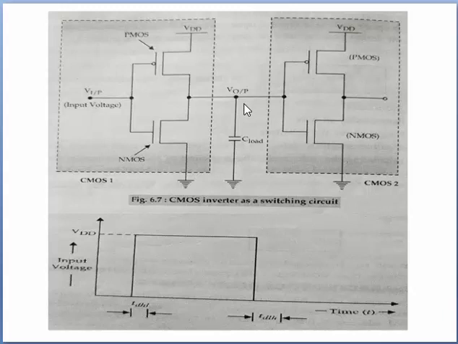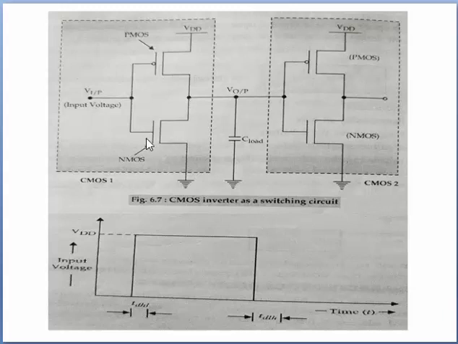When the output changes, the output transition either discharges the capacitive load towards the substrate voltage, that is VSS, or charges the capacitive load, C load, towards the drain voltage, that is VDD, the power supply voltage.